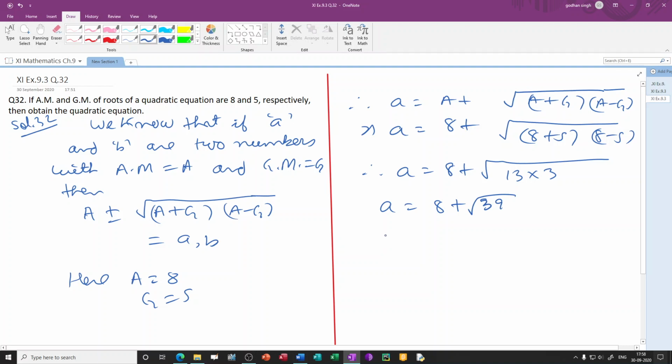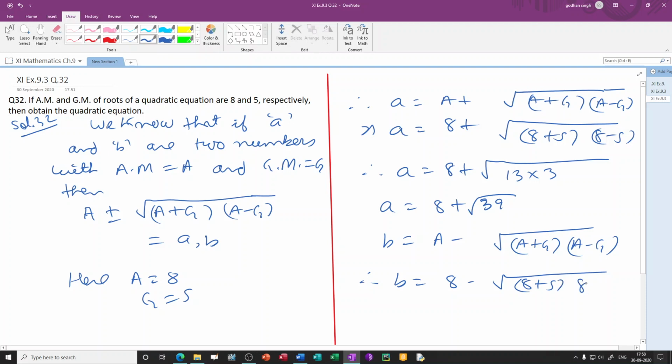And what will be our b? If you want to find b, b will be equal to A minus square root of (A plus G) into (A minus G), that is 8 minus square root of 8 plus 5 into 8 minus 5.